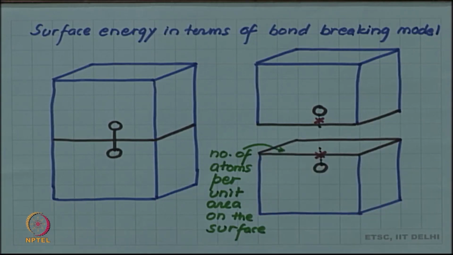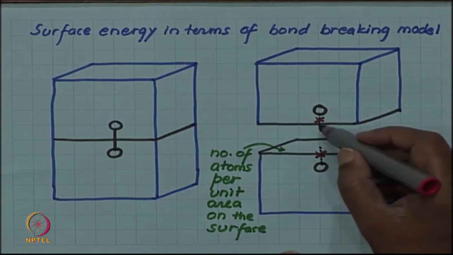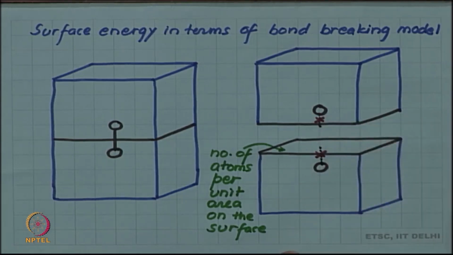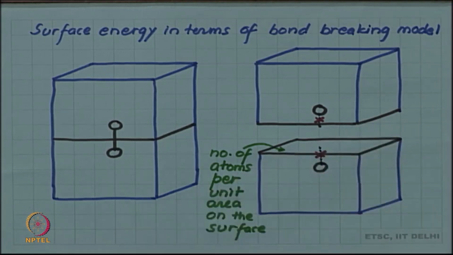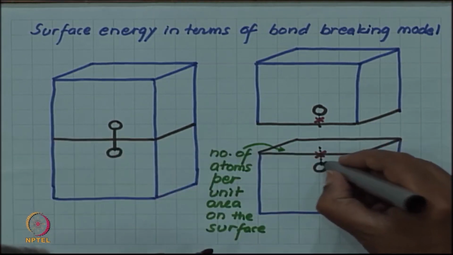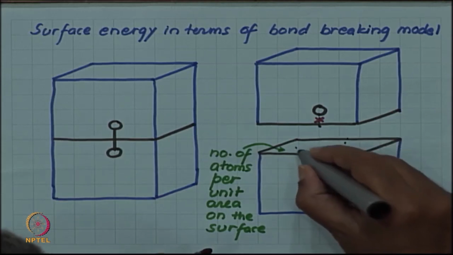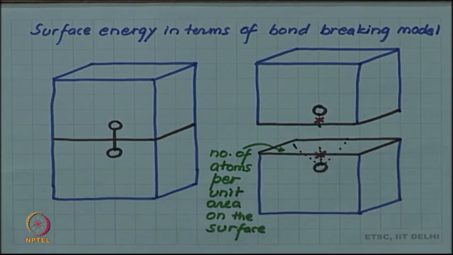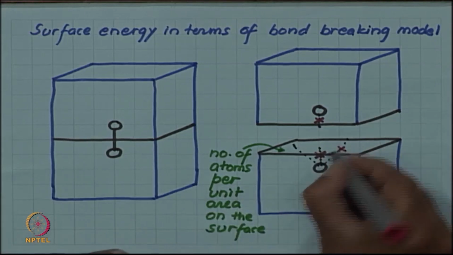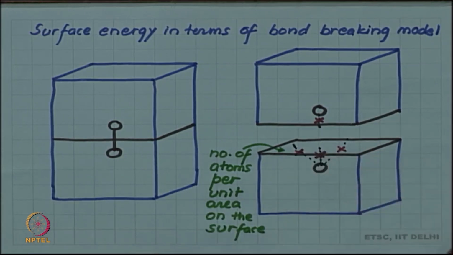Now, I have shown that an atom is losing only one bond, but it is quite possible that an atom is bonded to more than one atom on the other side. So, you will have more than one bond breaking.